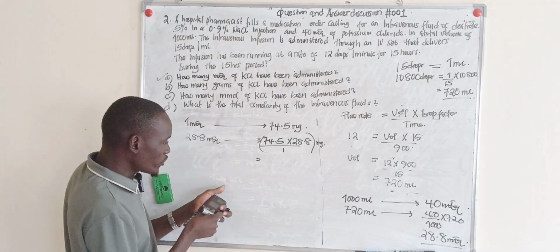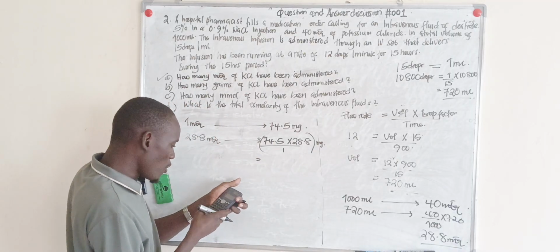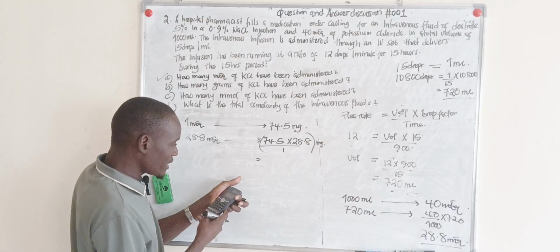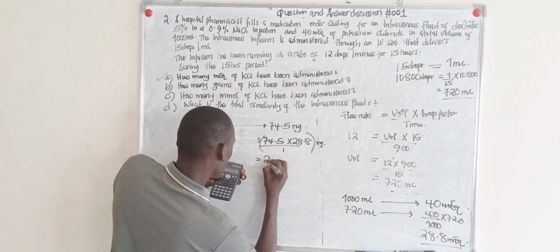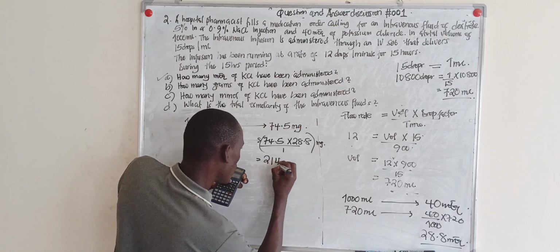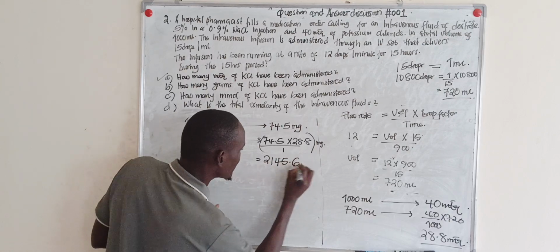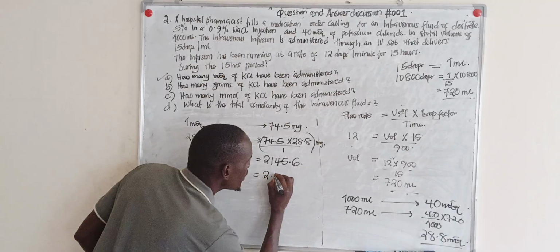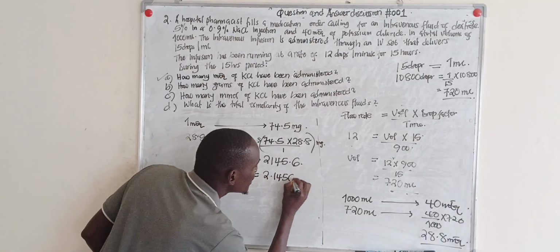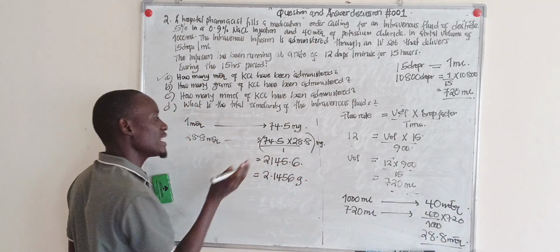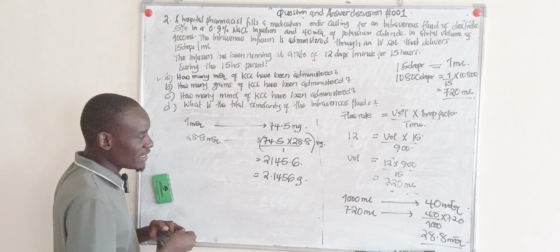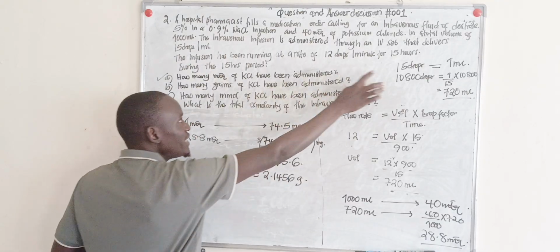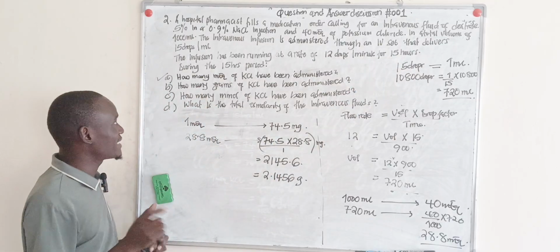So this is going to be 74.5 times 28.8. This will give us 2,145.6 milligrams. And when we convert this to grams, it will be 2.1456 grams. We simply divide by 1,000. So this is the amount of potassium chloride that was delivered in 15 hours.